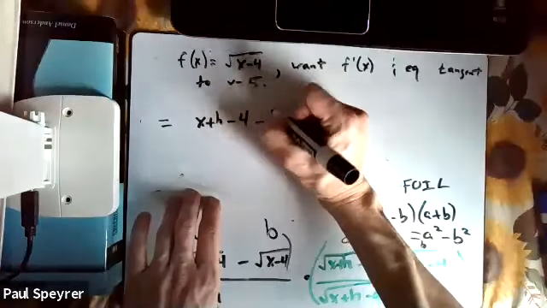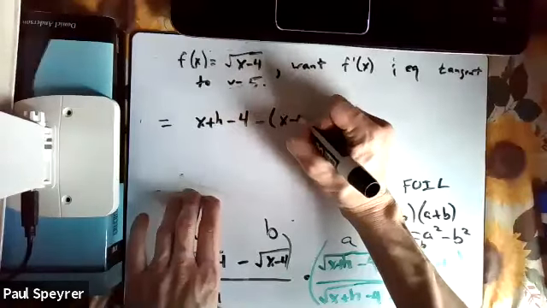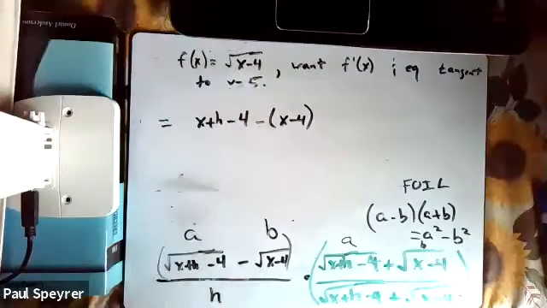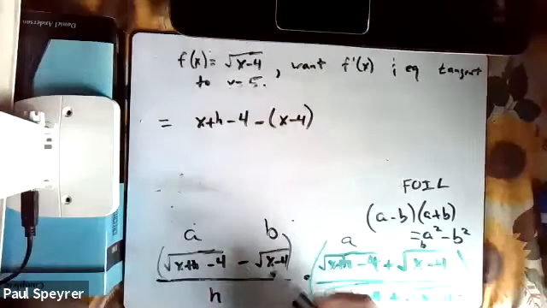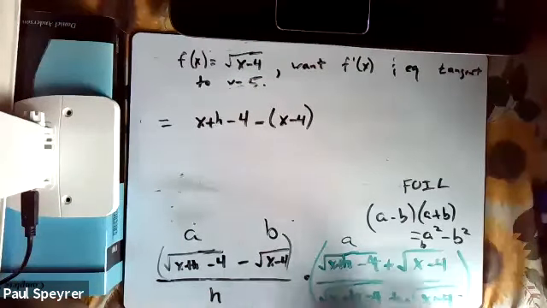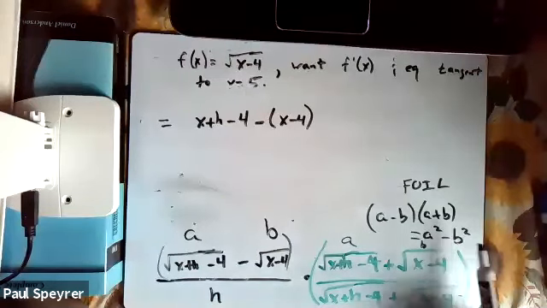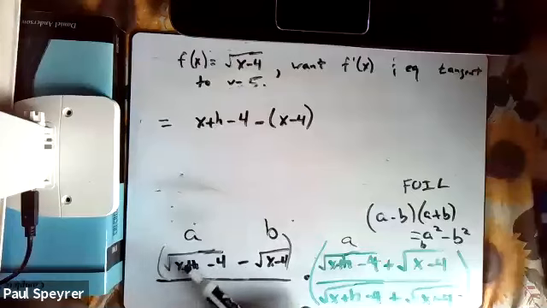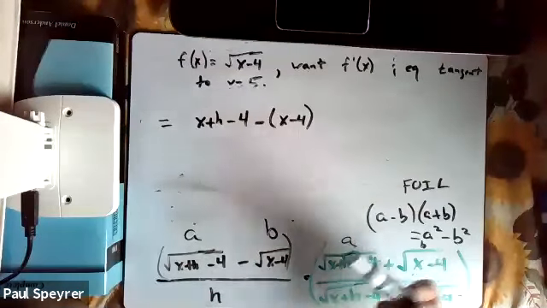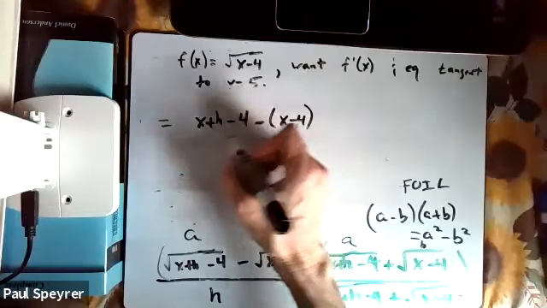So you're left with minus (x minus 4), just like that. Parentheses are important because there's a minus sign. The formula says minus b squared, and it doesn't matter which one you call a or b, because the signs definitely matter.